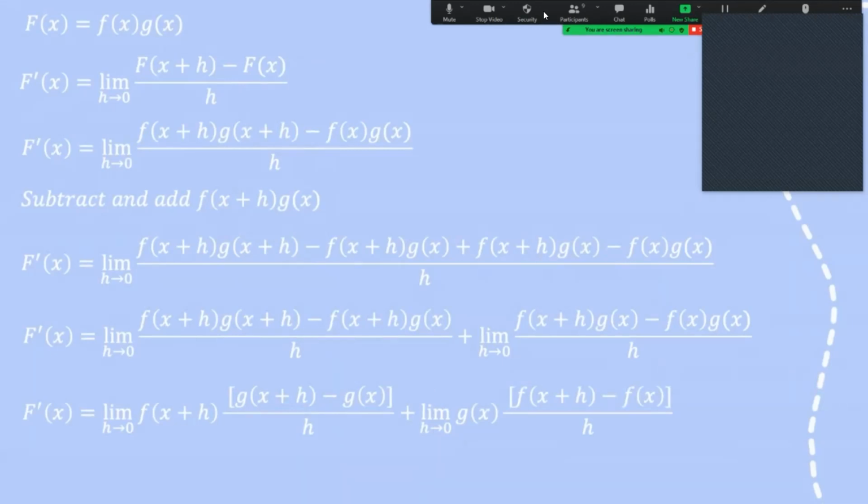Now, you can substitute 0 for h in this, that, and that. So that just becomes f(x) times the limit as h goes to 0 of [g(x+h) minus g(x)] divided by h, plus g(x) times the limit as h goes to 0 of [f(x+h) minus f(x)] divided by h.